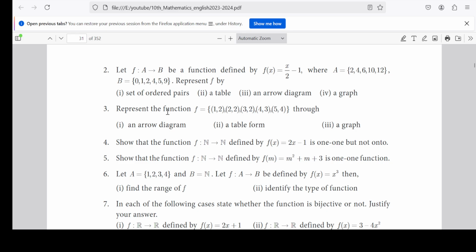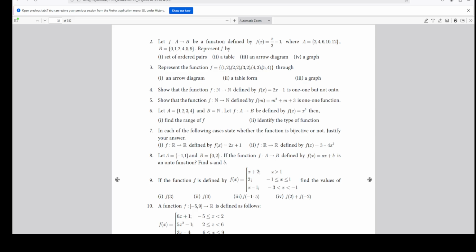The third problem is also the same, but with a little difference: the ordered pair is given directly. Here we have to represent the function in the form of an arrow diagram, a table form, and a graph.